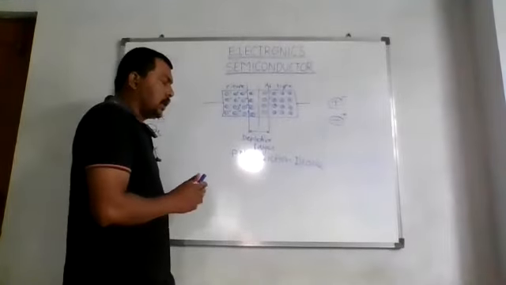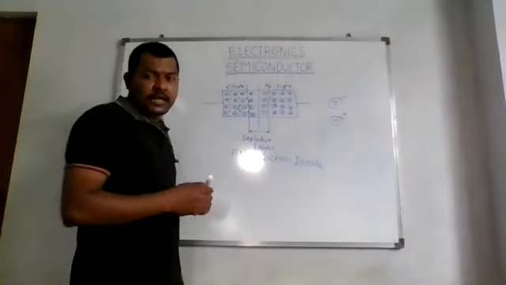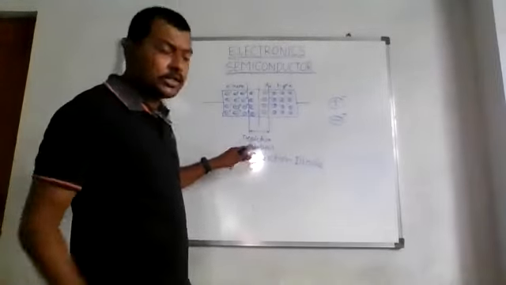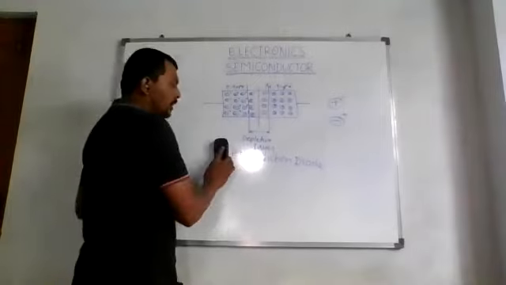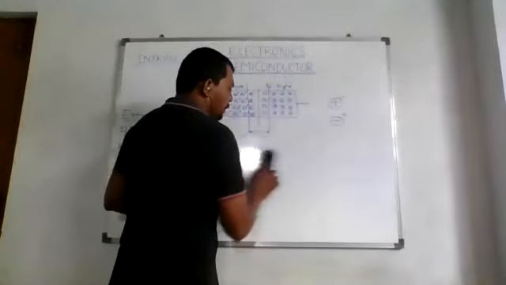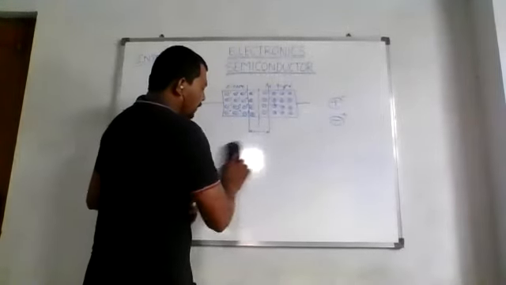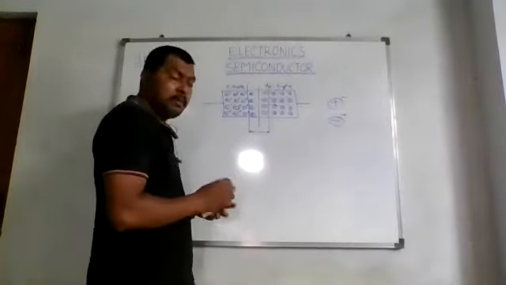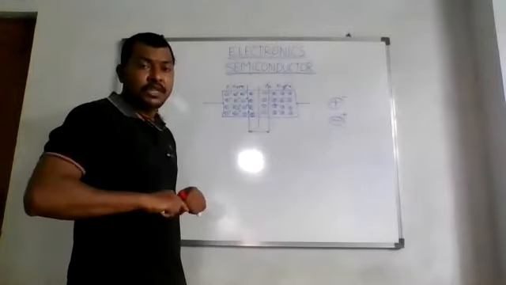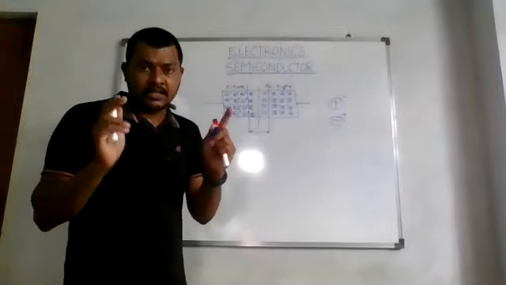Now let us see the symbol of that PN junction diode. I guess you have understood the depletion layer. There are many names for this depletion layer. This is called a PN junction diode, and now the symbol of a PN junction diode. I'm trying to draw this. Remember this diagram very carefully. Understand this diagram.